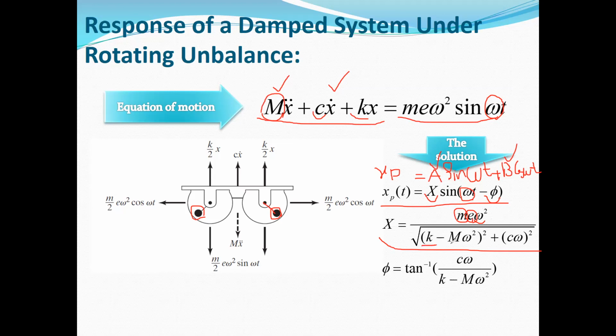And also k, M, and c appear in the denominator of the response, which affect the amplitude of the steady-state response as the characteristics of your system. And finally, the phase angle: if the damping coefficient was 0, the phase angle was 0. As you can see, this directly depends on the damping coefficient in your system.